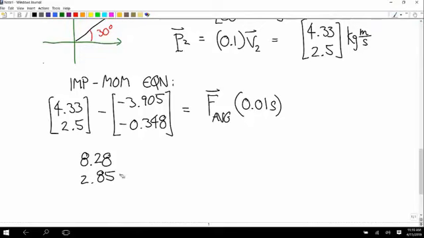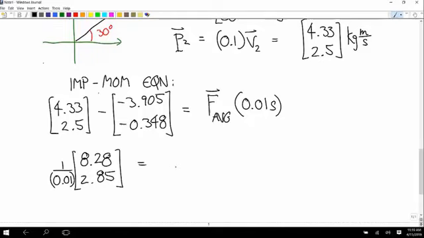And then I'll divide by 0.01 seconds. 0.1 is the mass, and 0.01 is the elapsed time.